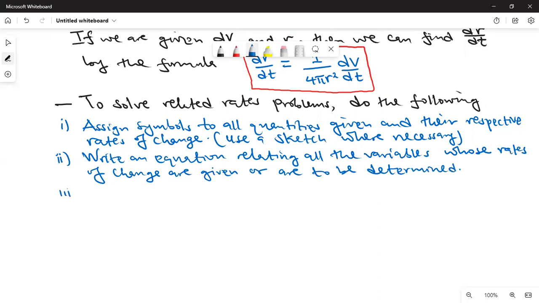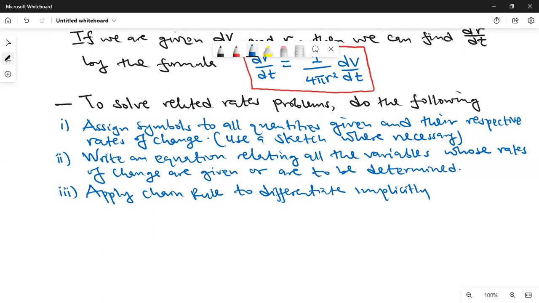The third step is to apply the chain rule to differentiate implicitly both sides of the equation with respect to time t.